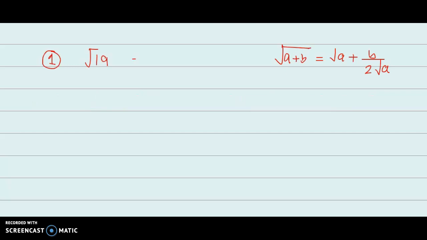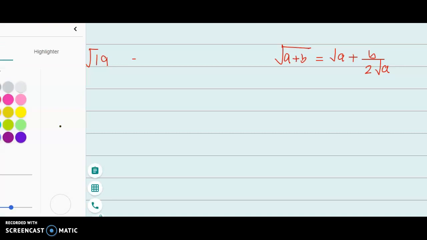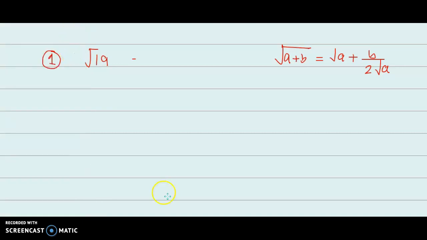The first question that we see here is square root of 19. We know that 19 is a non-perfect square. So 3 square is 9, 4 square is 16, and 5 square is 25.